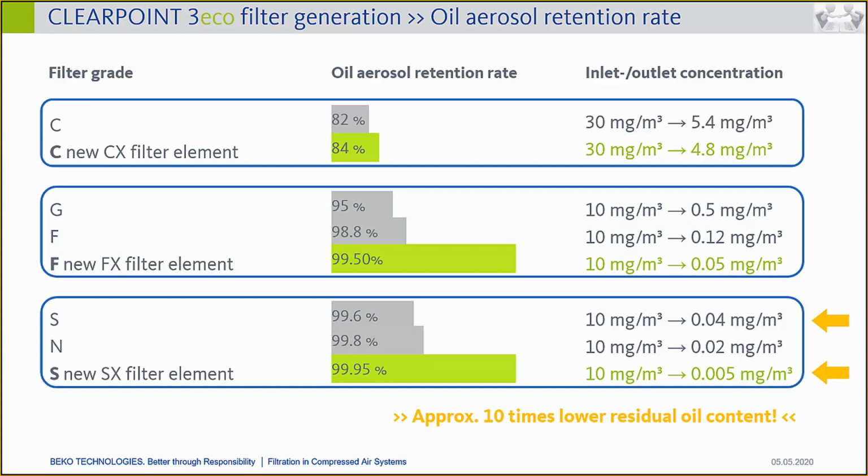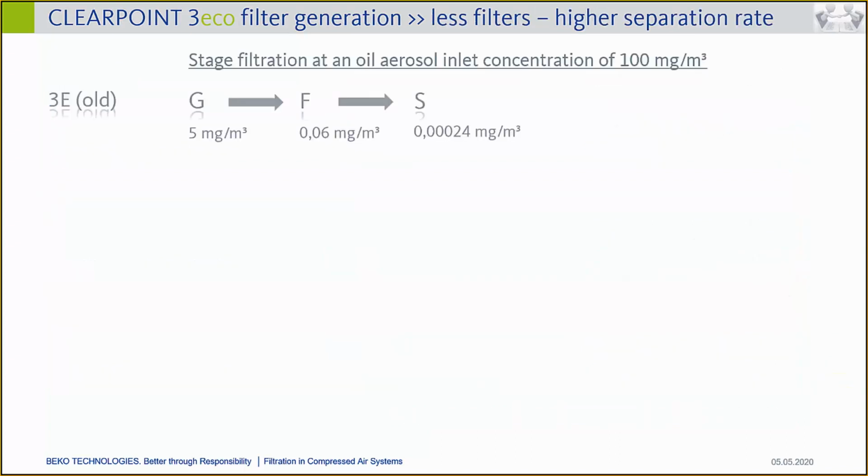Right. So if you put these single filter elements into a compressed air filter system, we would have a stage filtration, and this result is as follows. That is the result of the typical stage filtration, let's say around the fridge dryer. So we start with the G filter, the F filter, and then we had the S filter before the activated carbon tower, for example.